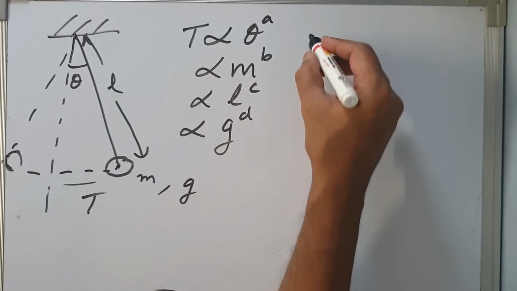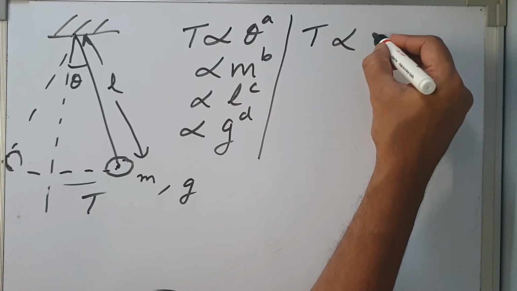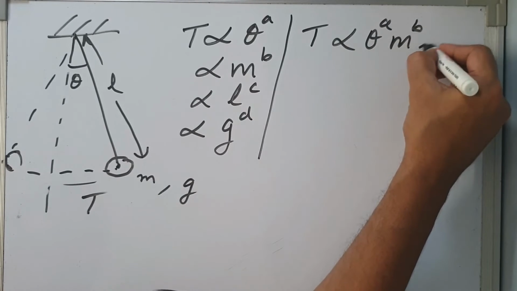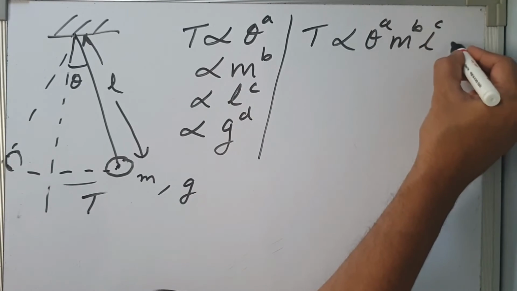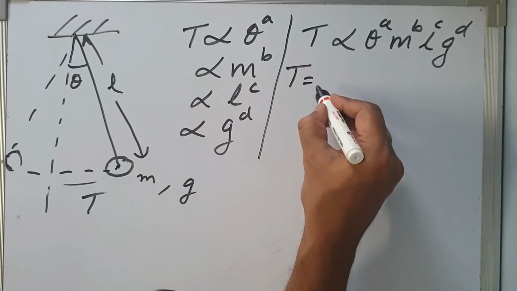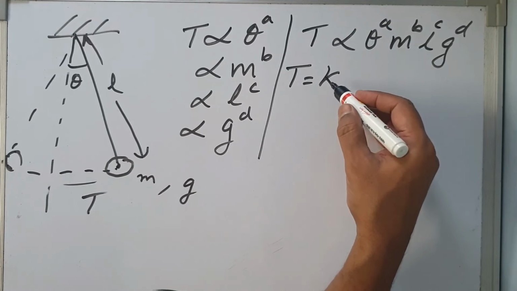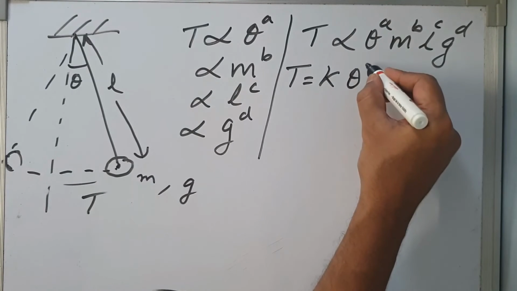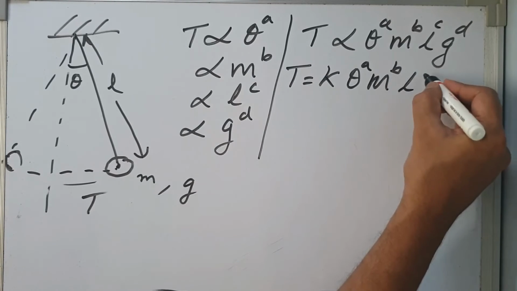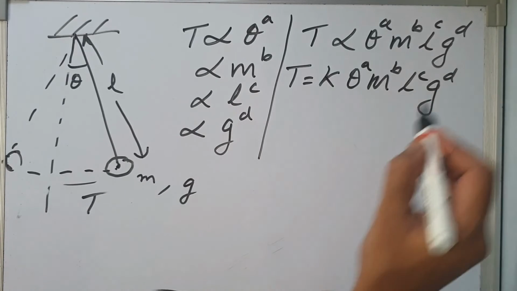In that case, if you combine this, T is proportional to theta^a M^b L^c g^d, or T is equal to K, a dimensionless constant of proportionality, theta^a M^b L^c g^d.